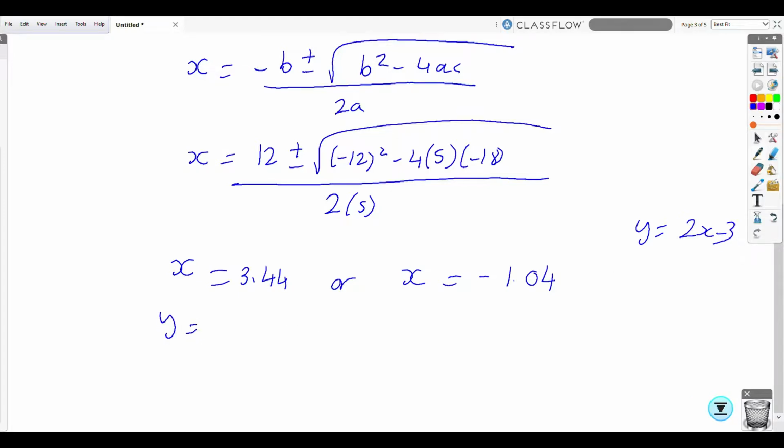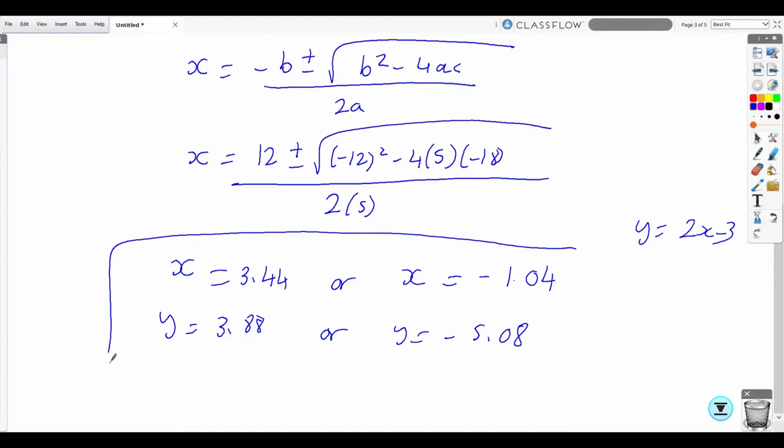So for this value of x, you get a y value of 3.88, and then for this value of x, you get a y value of minus 5.08. And those are rounded to three significant figures, and those are my two sets of solutions. Make sure to write them separately, especially if it asks you to write them as coordinates.